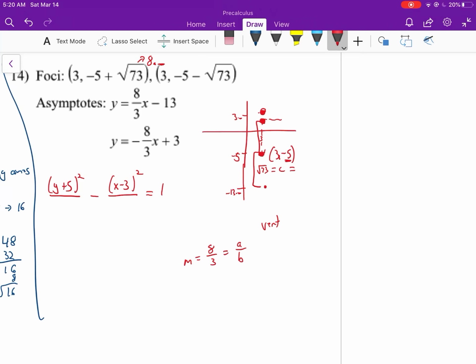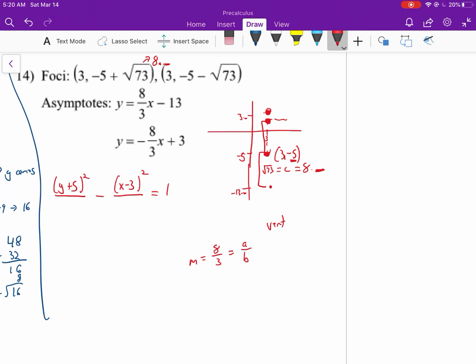So this c was 8 point something, so it seems like this a value will be just smaller than that, which will be 8. So we know that 8 is a, so this is a squared, and b is 3 squared. And so there is the equation of that hyperbola.